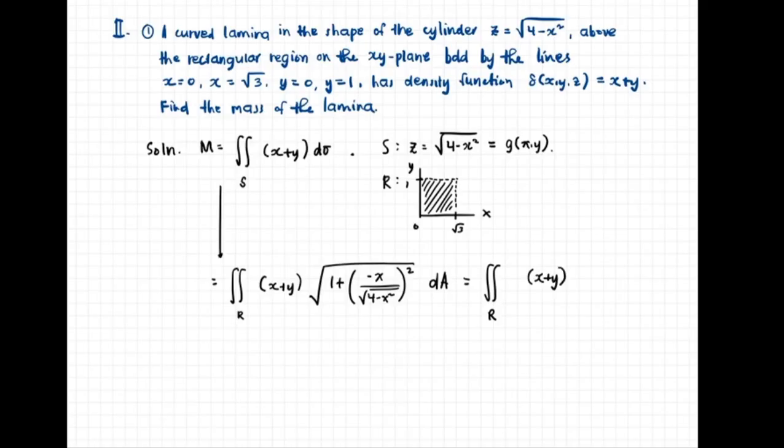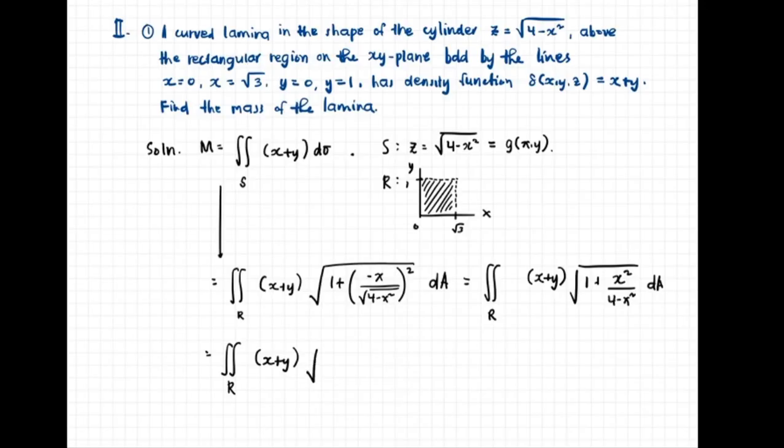Simplifying the term inside the square root, we have the square root of 1 plus x squared divided by 4 minus x squared dA. That is, we want to compute the double integral over the region R of x plus y. The numerator, using an LCD of 4 minus x squared, would be 4 minus x squared plus x squared.